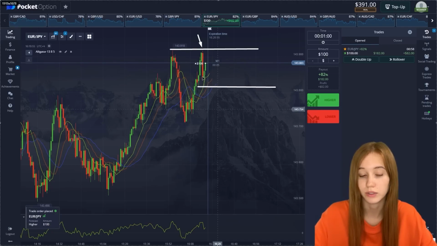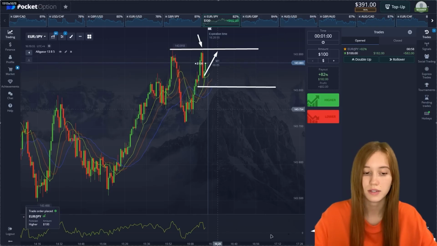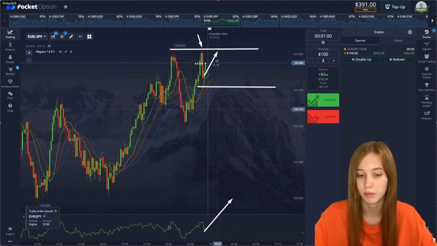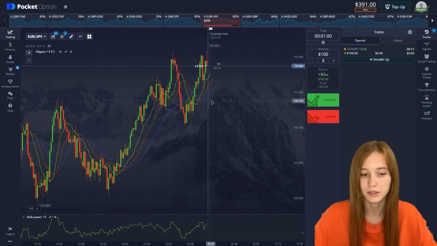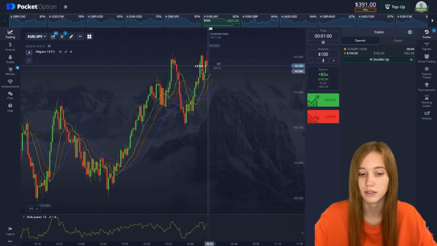We see a good upward trend by the alligator. This is already the third sign, and we opened up. According to the second indicator, we see the line is directed upwards. This is the fourth sign for opening upwards. Let's see the situation. And there are 10 seconds until the end of the deal.